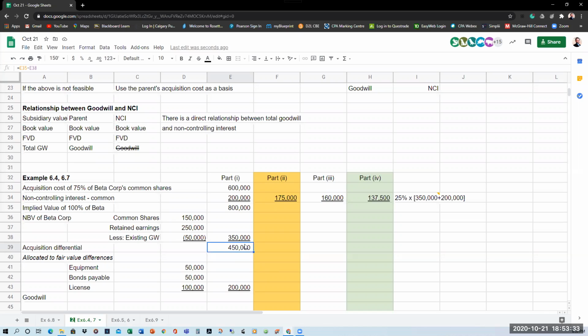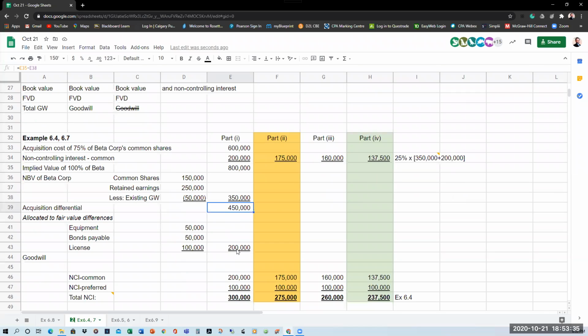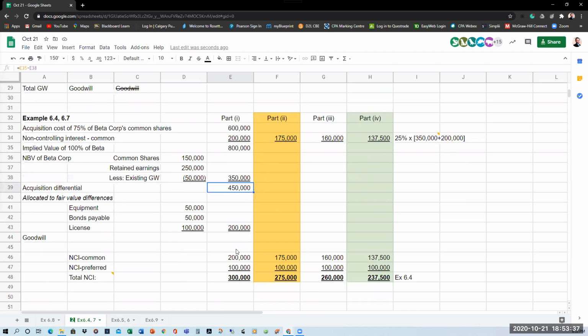That acquisition differential, you will remember, I hope, from our discussions of investments in associates and investments in joint ventures, is first allocated to the fair value differences. So these fair value differences add up to 200,000.